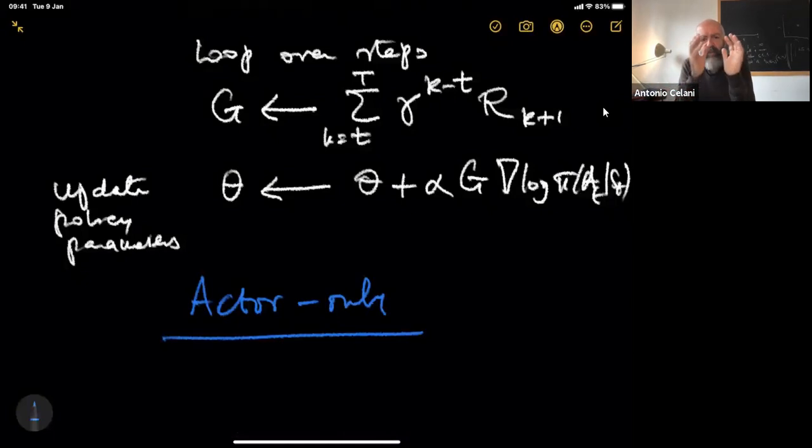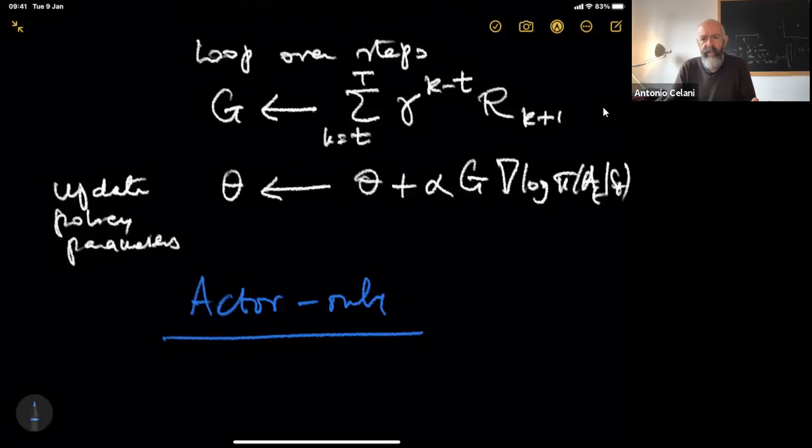Here, only the policy exists. You see, we never mentioned the notion of value function up until here. Everything comes from just estimating from trajectories in the most straightforward way by Monte Carlo and using the policy. So everything now is centered around the policy. So this is the polar opposite of what critic-only algorithms do.